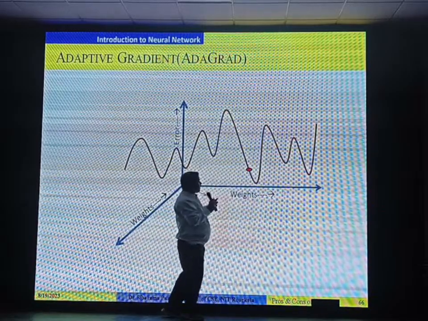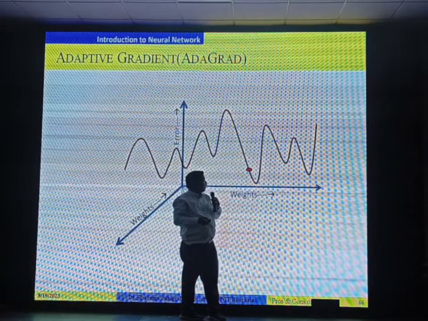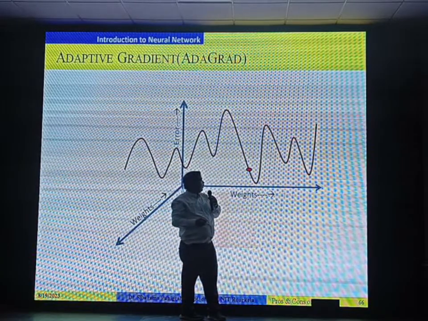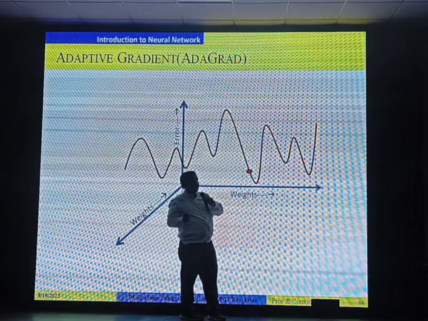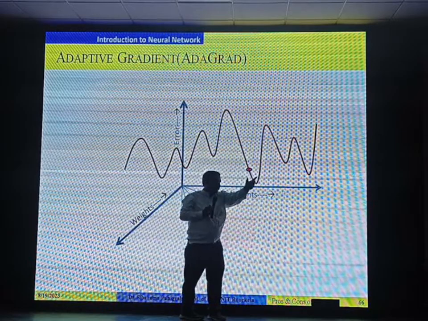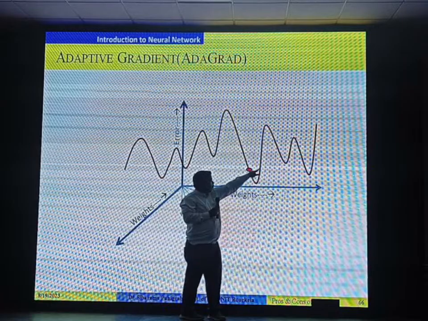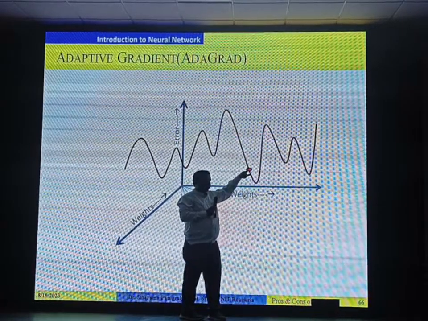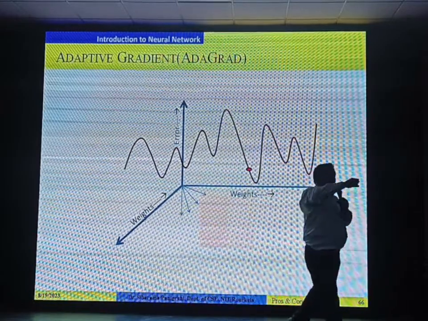Here it comes from here to here because we are adding a fractional value to the old weight. It will oscillate. But if we reduce the learning rate, then what will happen?